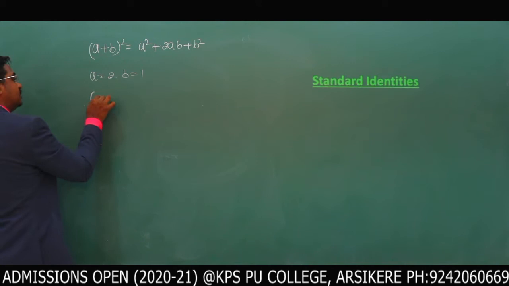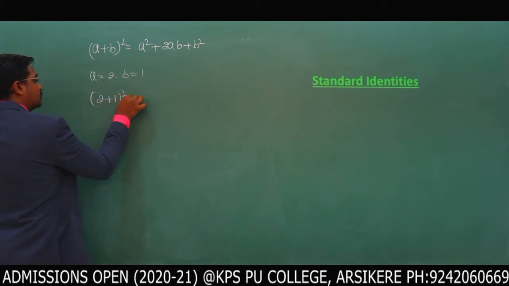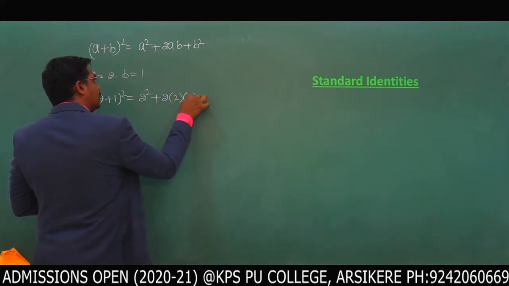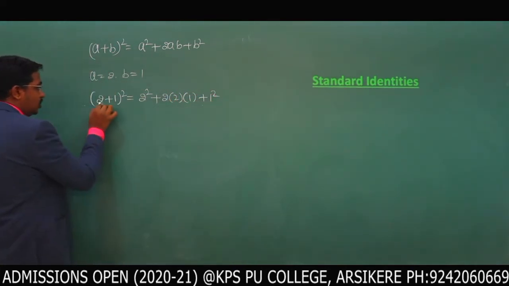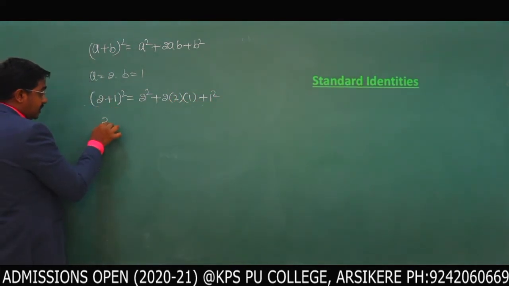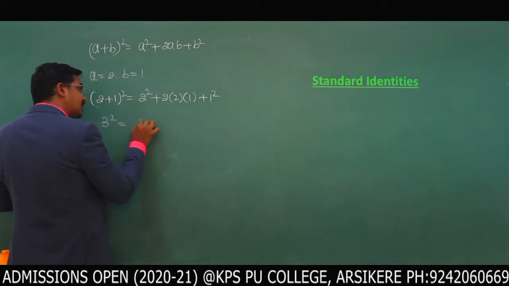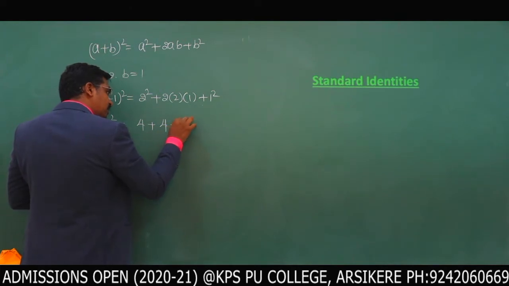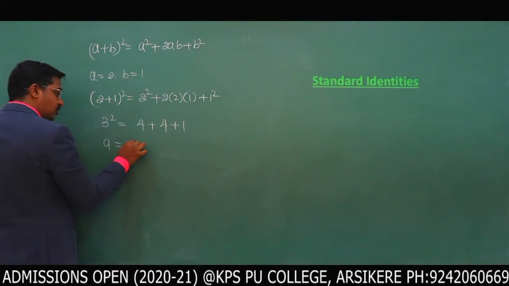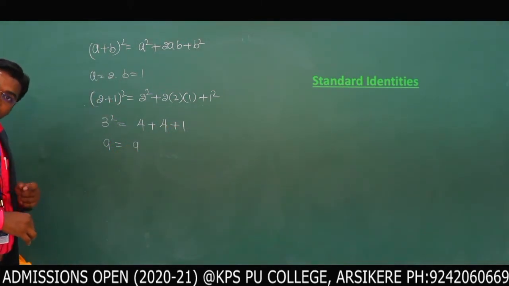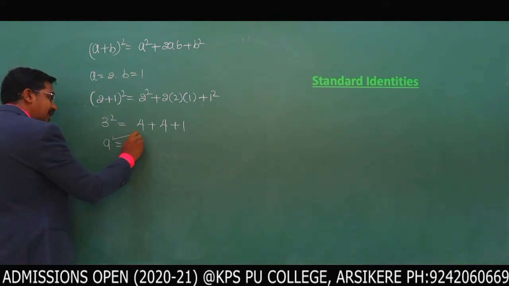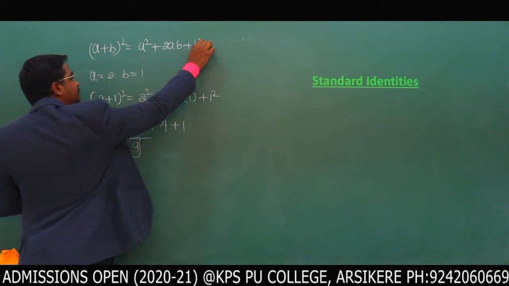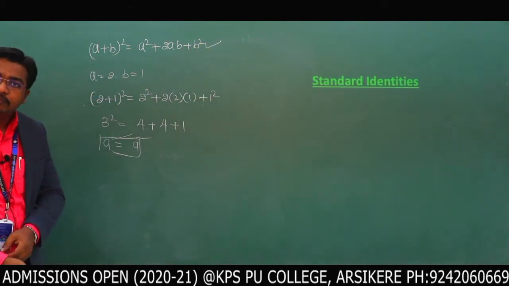So this reduces as 2 plus 1 whole square is equal to 2 square plus 2 into 1 plus 1 square. 2 plus 1 that become 3 square is equal to 2 square is 4 plus 2 into 2 into 1 that is also 4 plus 1. So you will get here 9 is equal to 9. So both are equal. Equal means here this is LHS and RHS are satisfied. This is called identity.